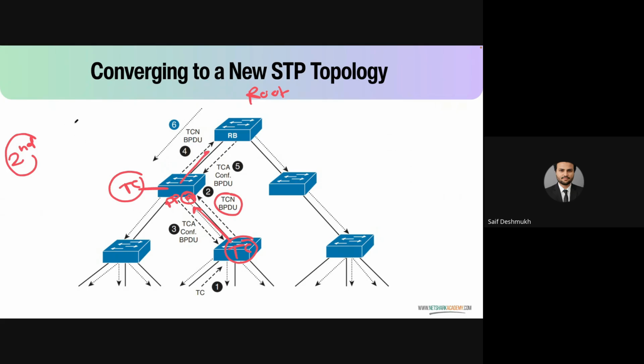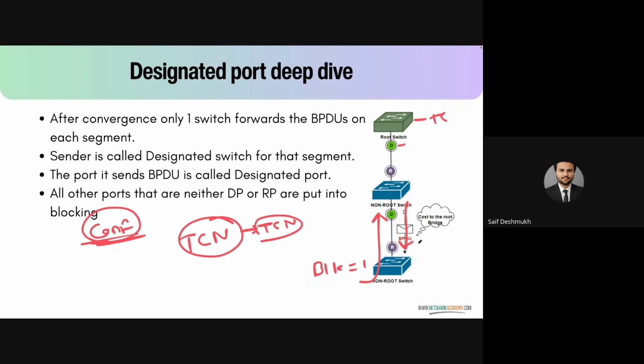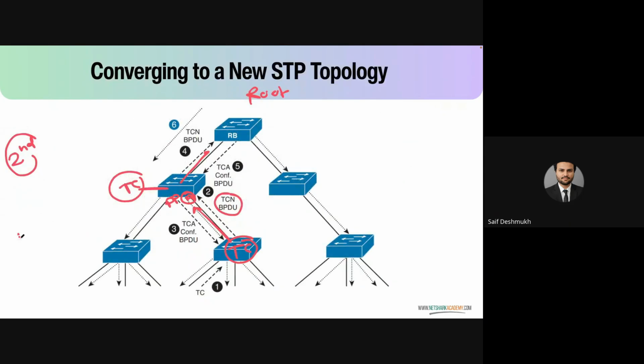The configuration BPDU that it was sending earlier, the general configuration BPDU, will have a flag called topology change acknowledgement. I'm talking about the really important stuff, so you guys focus here. That TCA flag, I will turn it on.